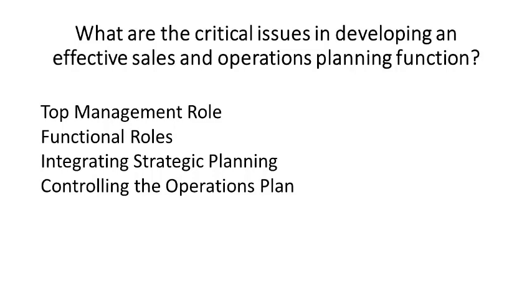A secondary obligation is the need to communicate when something will prevent hitting the plan. Integrating strategic planning. An important direction-setting activity, strategic planning can be done in different ways. Some companies approach it primarily as an extension of budgeting. Controlling the operations plan. A special responsibility in sales and operations planning involves control of performance against the plan.